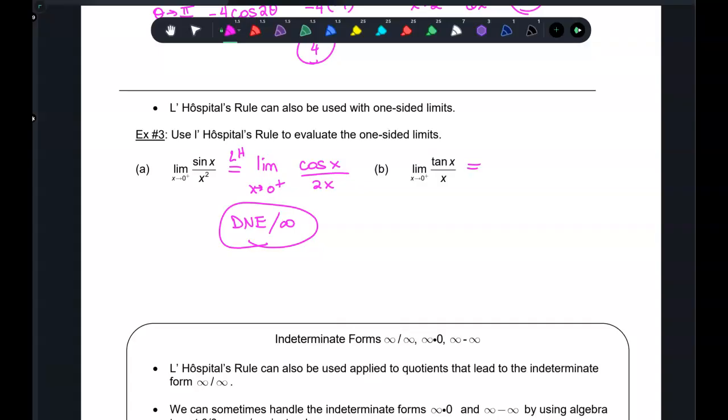This one, what do we get? Secant squared over 1. Cosine of 0 is 1, so it's 1.